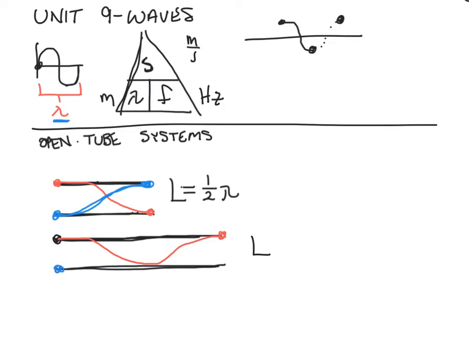And you've now generated a new sound, which you can hear audibly by adjusting that length of tube. You have heard the next harmonic in the harmonic series. Numbering these tubes, this would be the first harmonic in that series. The first harmonic is always known as the fundamental frequency for a harmonic system.